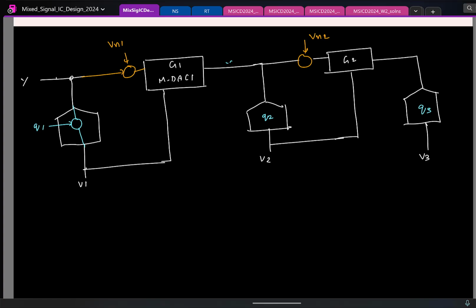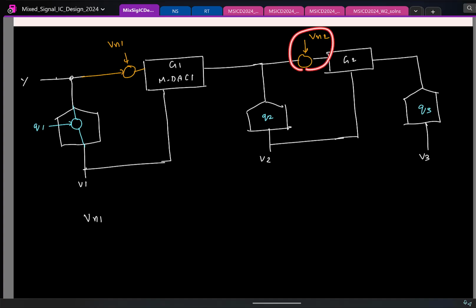So tell me, how will this noise appear at the final output? Can you guess? This noise is getting added along with the input, so it will appear same as the input. Whatever happens to the input will happen for this also. So you basically get Vn1 directly.